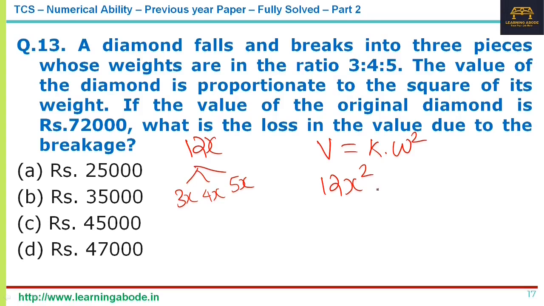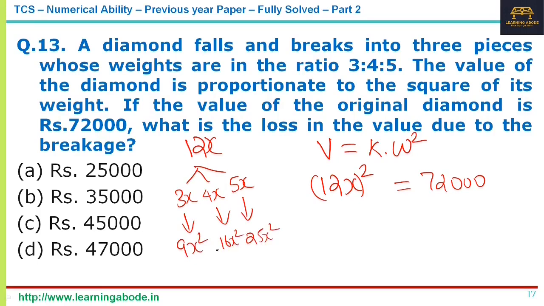So whatever it is, just leave it. So 12x square, now that is 72,000, right? Now if you take the individual stones, so here it is 9x square, here it is 16x square, here it is 25x square. If you sum it up, 9 plus 16 plus 25, it is 50x square.